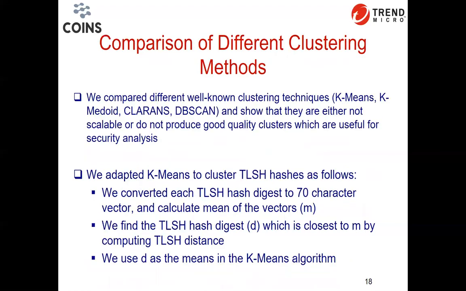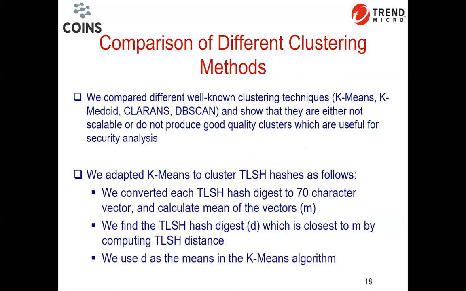Comparison with other well-known clustering methods. We compared with k-means, k-medoid, CLARANS, which is also a k-medoid-based algorithm, and also with DBSCAN, which is a density-based clustering algorithm. What we found was that these clustering algorithms were either not scalable or did not produce good cluster quality, which could be useful for security analysts.